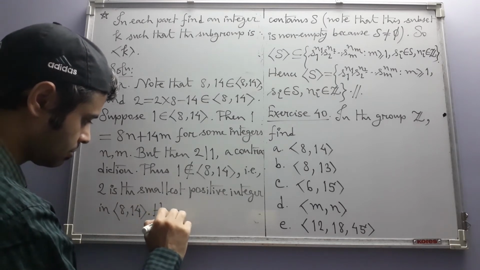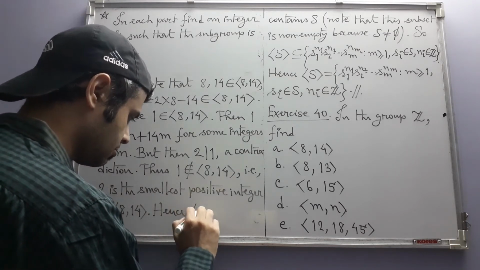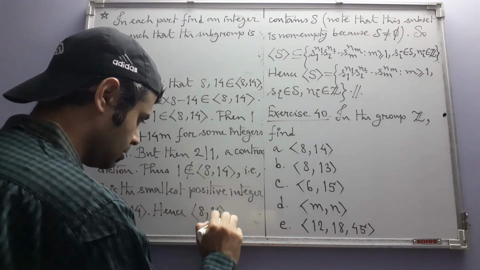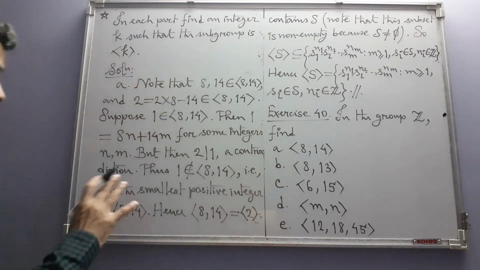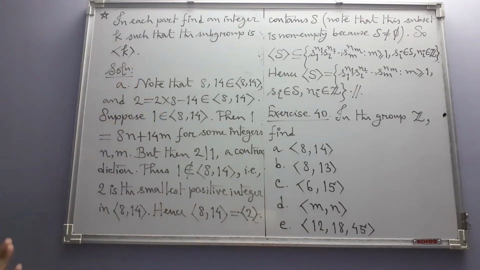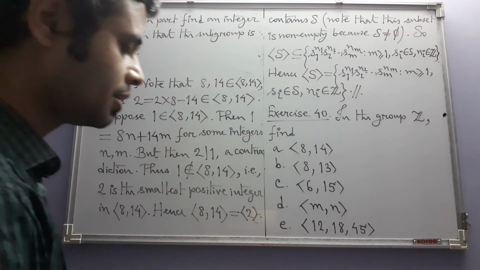Hence, this is actually equal to the cyclic subgroup generated by 2. So there were many things to write, so I was just simply leaving it like that.